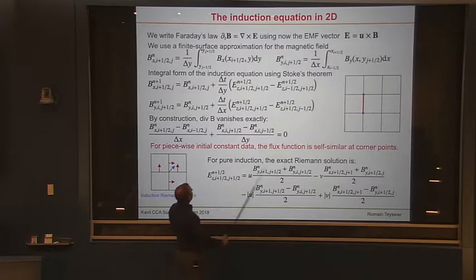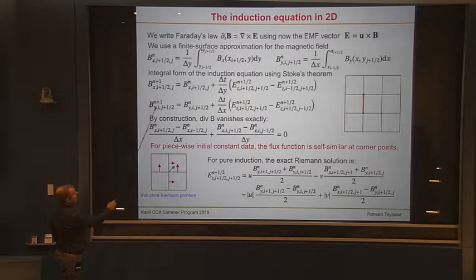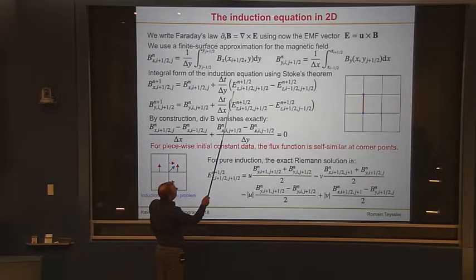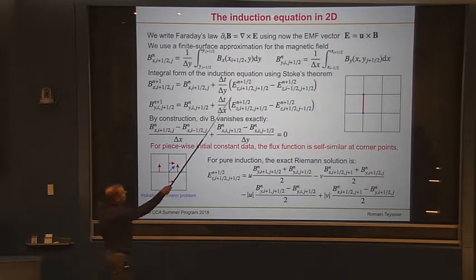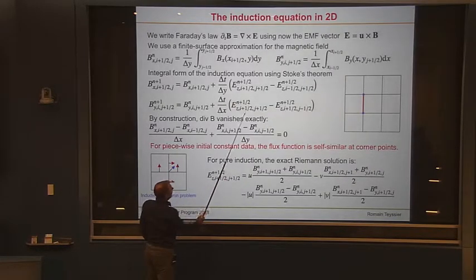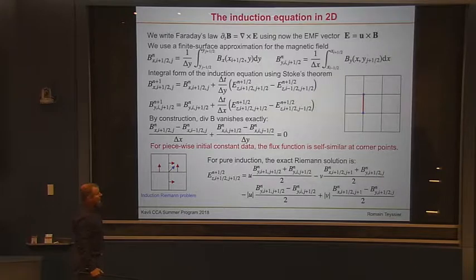If you apply Stokes' theorem again, you find your time evolution equation here. Now you have this electromotive force, Ez, which is defined at the corner point. The divergence of the field is computed like that, and you can see that all these terms cancel each other, and you find exactly 0. So that's the 2D summary of what we described earlier in 3D.